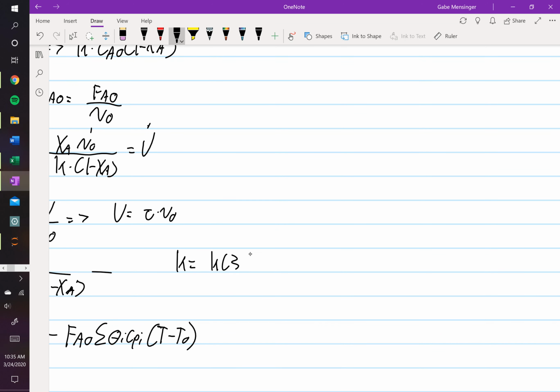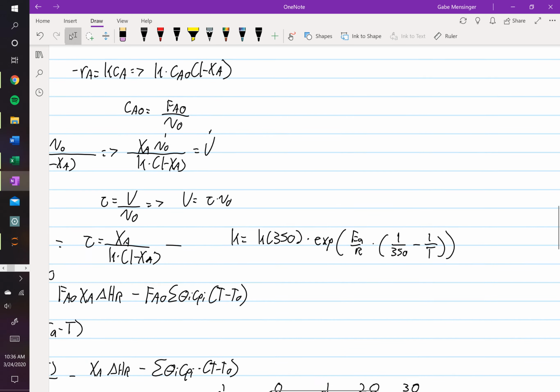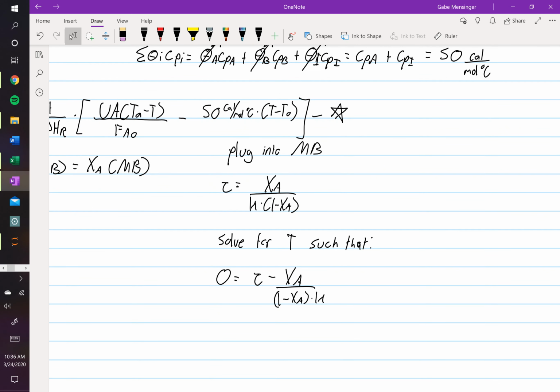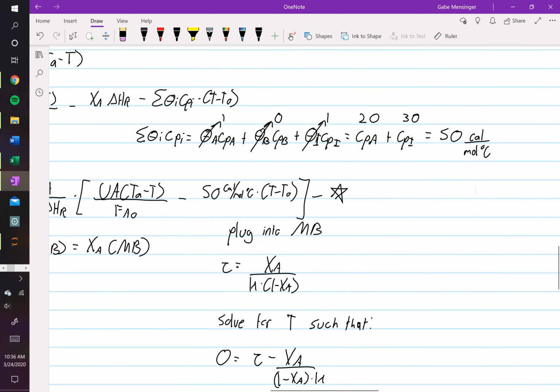So we can say that k at 350 times the exponential of E_A over R times, let me make sure I get this straight because I always forget, 1 over 350 minus 1 over T. Yeah, it should be that.